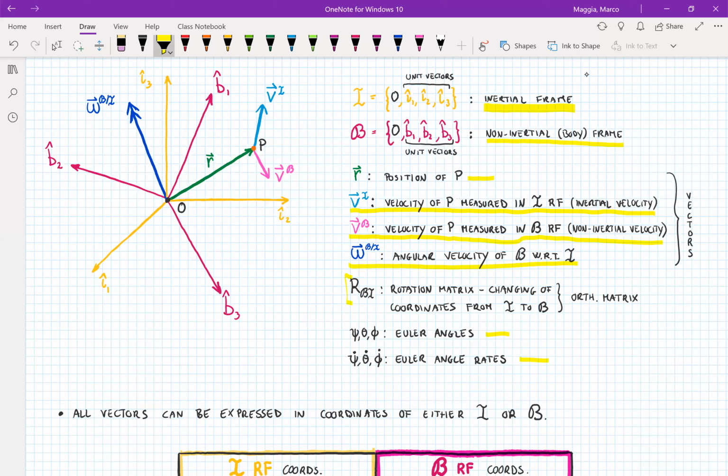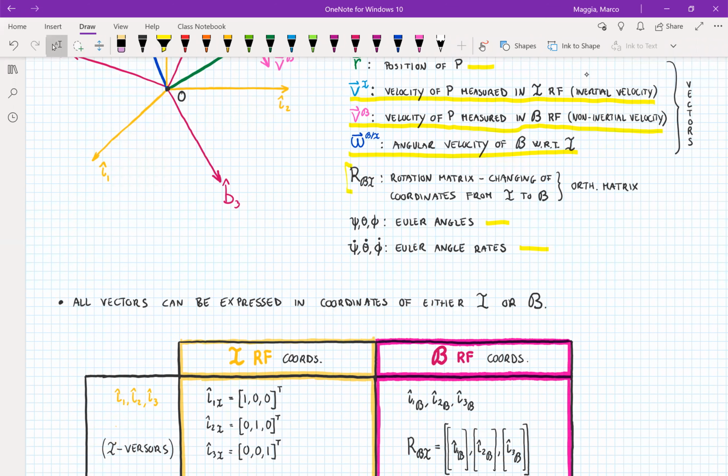Now, the Euler angles and the Euler angle rates are not unique because they depend on how the rotation matrix is constructed. They depend on the sequence of rotations that you've applied. And remember, we have 12 possible sequences. Usually in flight dynamics for aircraft, we apply the 3-2-1 rotation sequence.